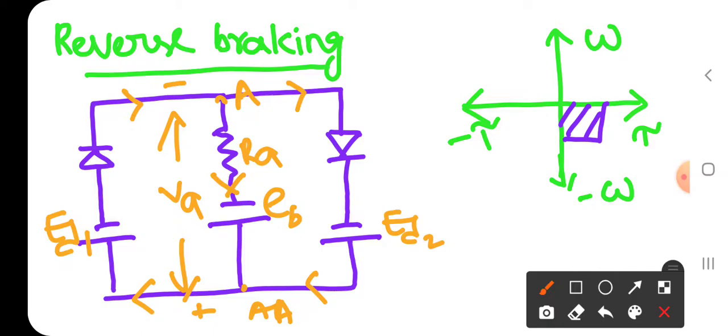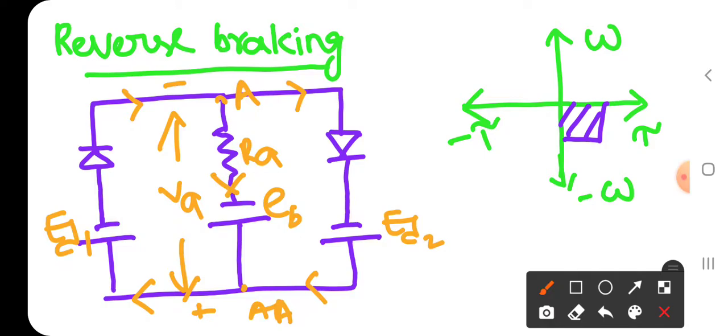Here also the positive converter is operating as inverter, and the negative converter is operating as rectifier. The voltage applied to armature is positive at terminal AA.